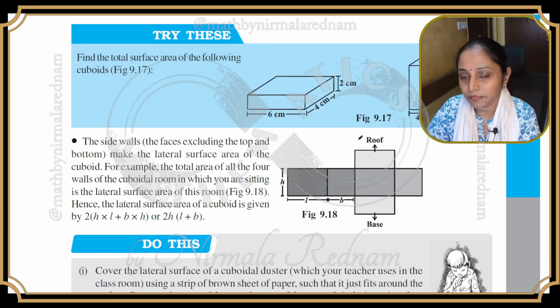Next, you have to find the total surface area of these two. We have looked at the formula. It's 2 times (LB + BH + LH). If you apply that formula, you will get the answer here.